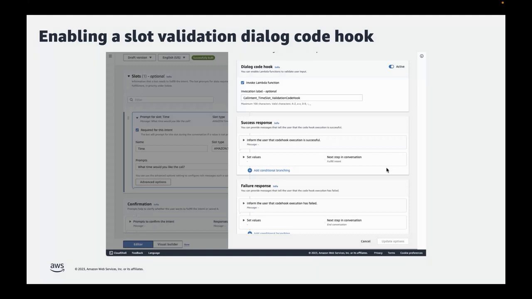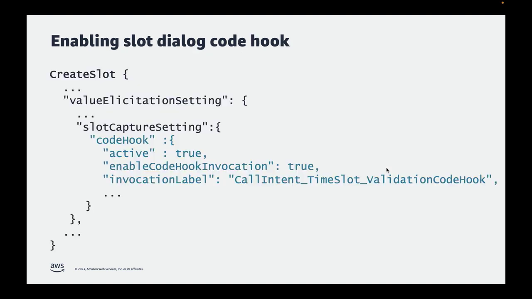This particular one happens in between steps. Here we're using it to validate a slot. And because you can call these types of code hooks multiple times throughout, we want to add an invocation label. It is optional, but it's really going to be helpful when you are in your Lambda to know which particular dialog code hook you are hitting.